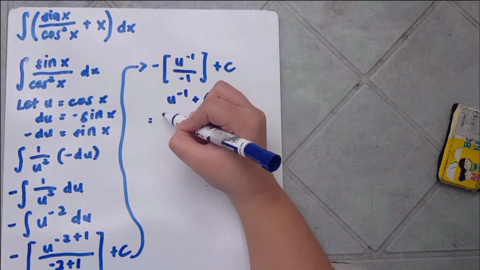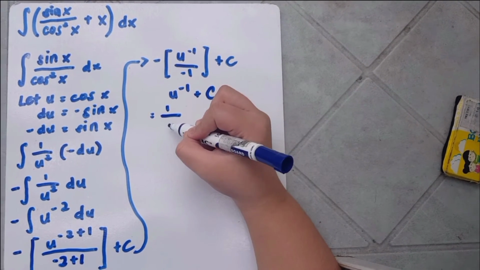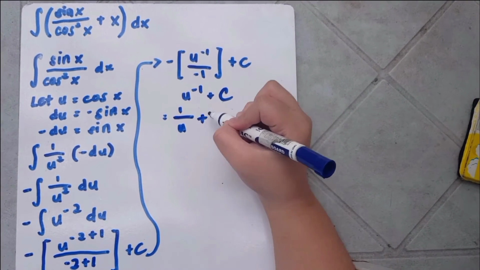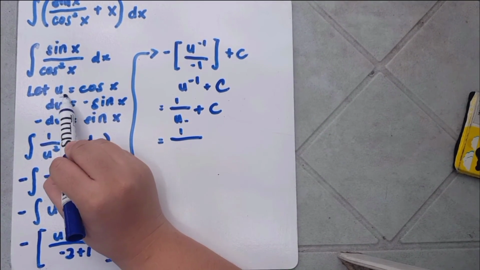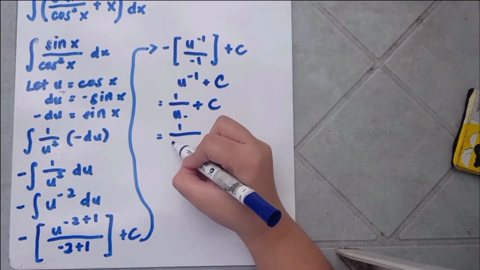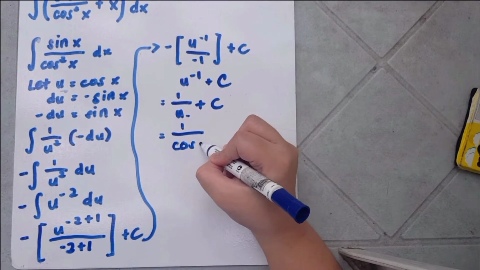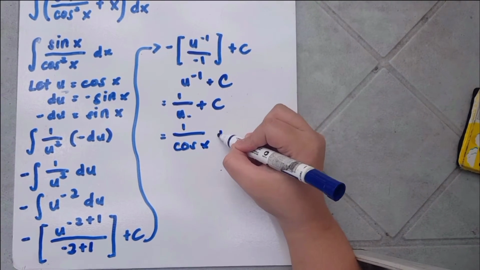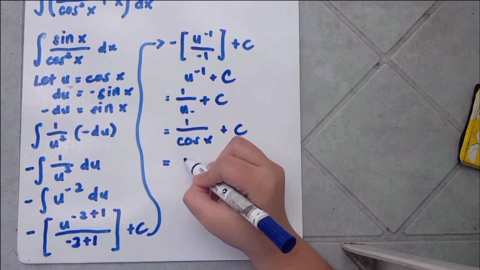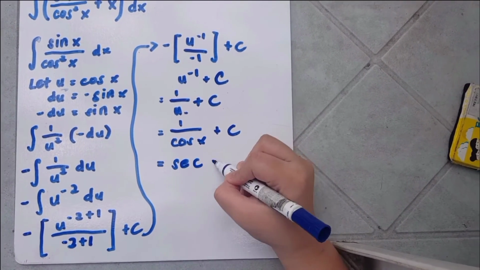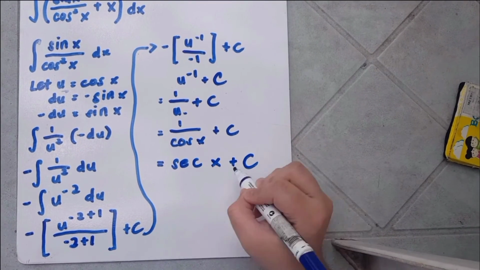This is the same as 1 over u plus c, where we substitute u with cosine x, and now we have 1 over cosine x plus c, which is the same as secant x plus c.